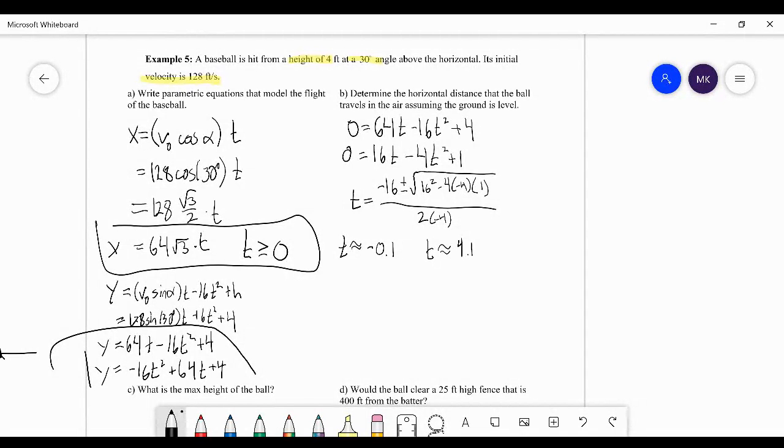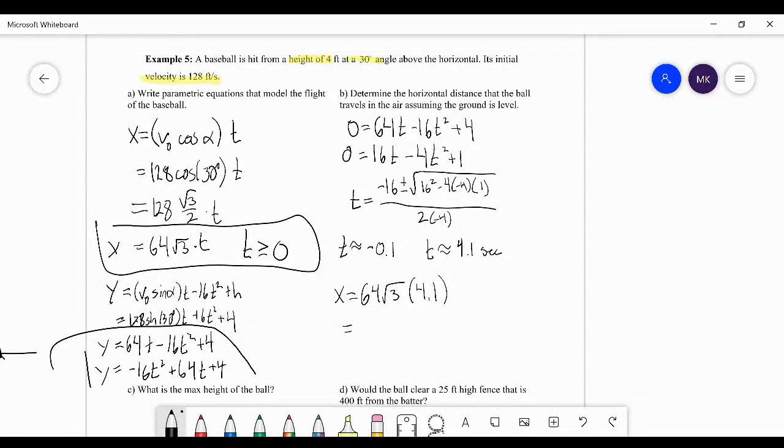Now these are t's, so this is in seconds. This means the ball is going to hit the ground at approximately 4.1 seconds. So if we know when the ball hits the ground, to figure out the horizontal distance, we just plug that into x. So x is equal to 64 root 3 times 4.1.